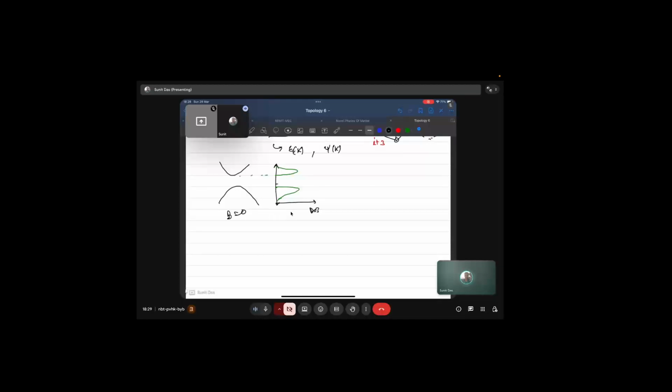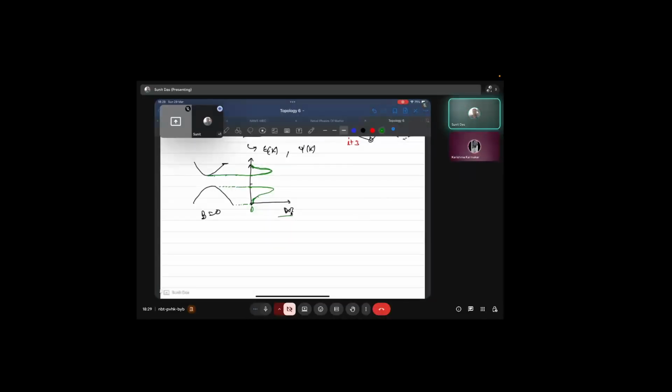And what disorder does is that it broadens these energy levels, or the density of states. Initially, let's say the band ends here, then your density of states also ends exactly at that point. So your band is up to this point, then the density of states goes to 0. Your band starts here, so from this point you have some density of states, and this band ends here, so you'll have density of states up to this point.